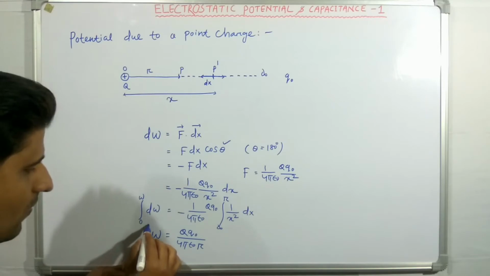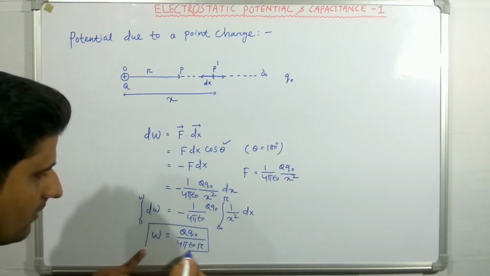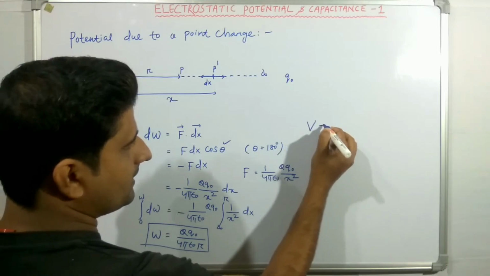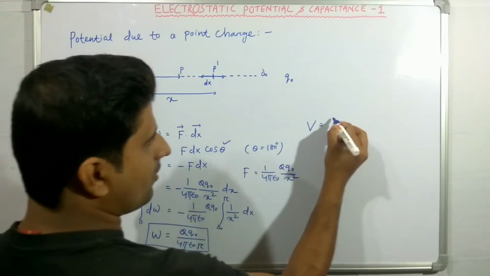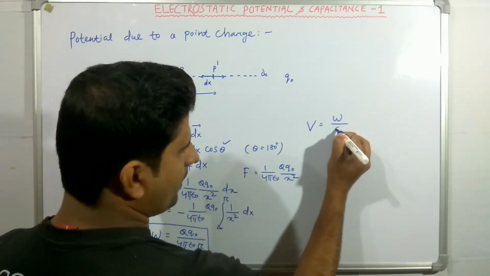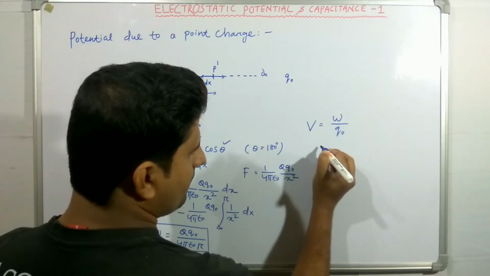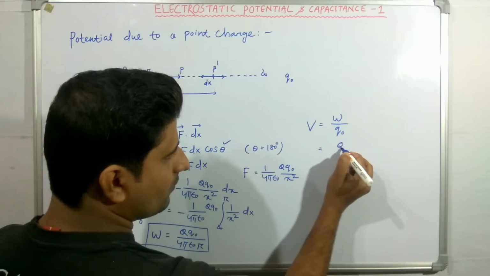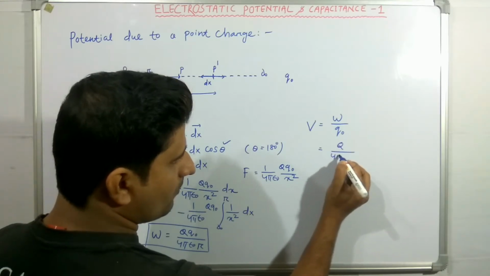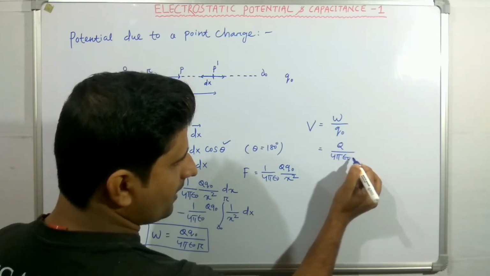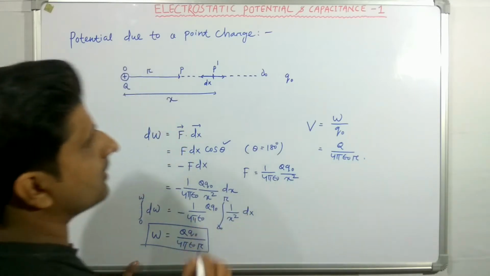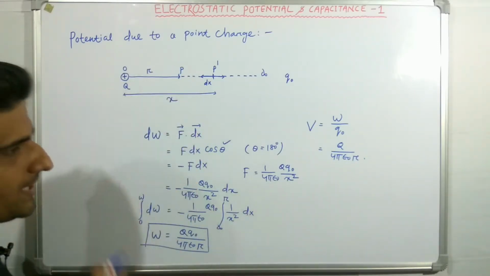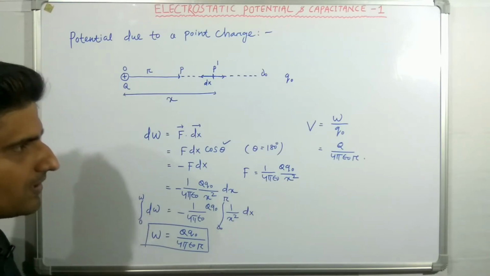This is the work done. So potential is work done per unit positive test charge. So potential equals q by 4 pi epsilon naught r. This is the potential due to a point charge at a distance r.